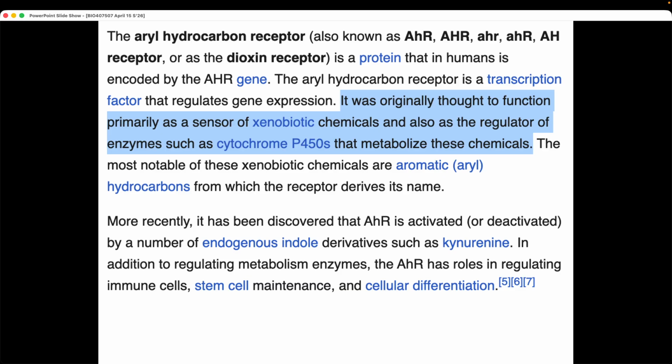Dioxin and PCB are foreign molecules, and they bind to it, but instead of activating gene expression and helping eliminate them, PCB and dioxin block its function and prevent detoxification and removal of those, like that.